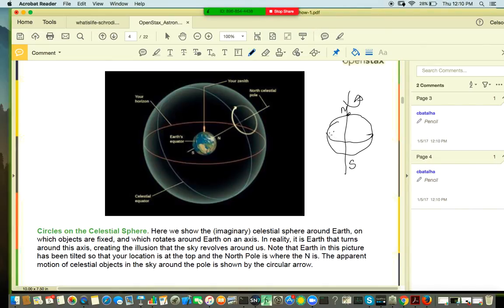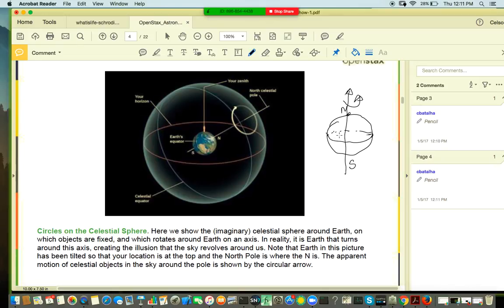Now, in the very middle of this sphere, we define the equator, and the equator, in the case of Earth, is a circle that happens to be perpendicular to this axis of rotation.